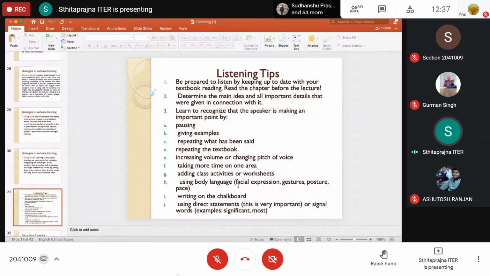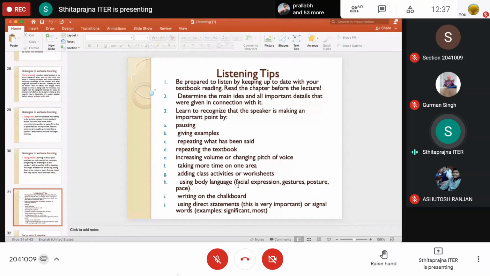Using body language or writing on the chalkboard, or using direct statements like vocal statements, vocal pointers. This is important. So students, please write down. Don't teachers say like this in the class? Please take a note of this. This is important. This is coming for your exam. Read this. This is important. Significant. So these are signal words.